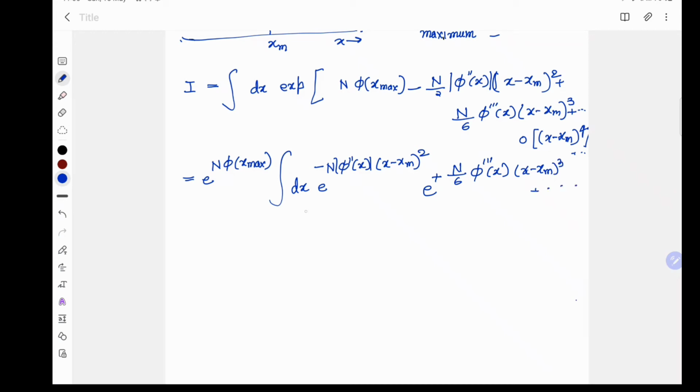If there were no other terms, we would know how to calculate this.